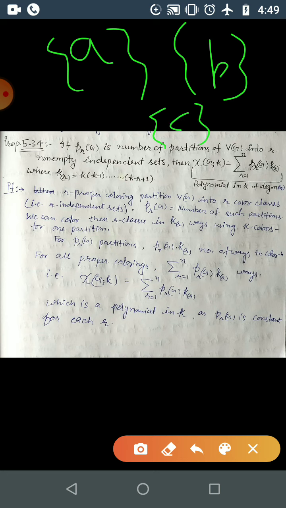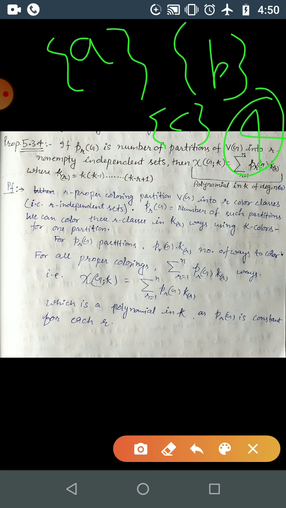And 3 colors are given, or you can just say 4 colors, so that you don't get confused. So 4 colors are given. Among 4 colors, how many ways can you color these vertices? Because all the same type of vertices in this class get colored.